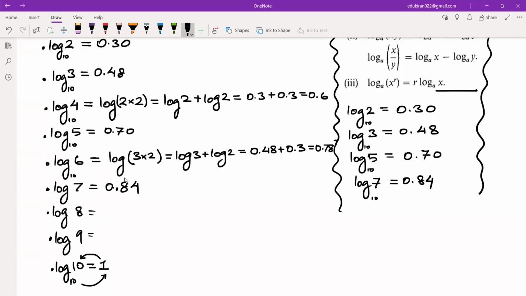Sir, everyone has to tell the answer? नहीं, you can. Otherwise, you can just check. I will write the answers now.